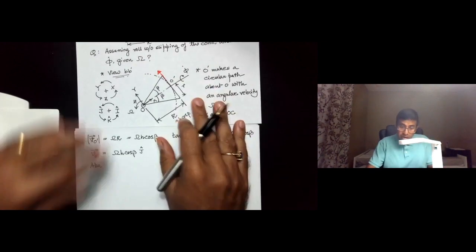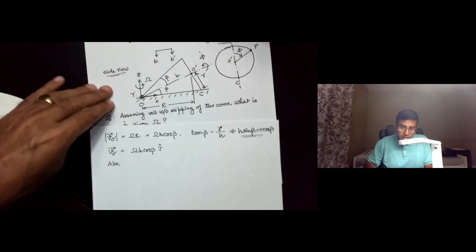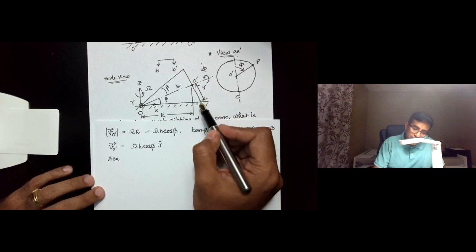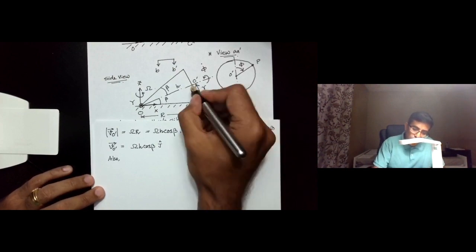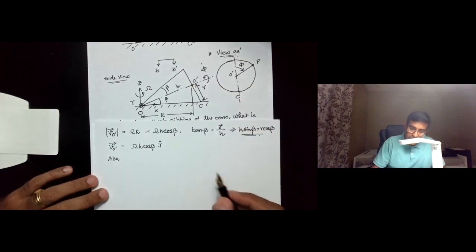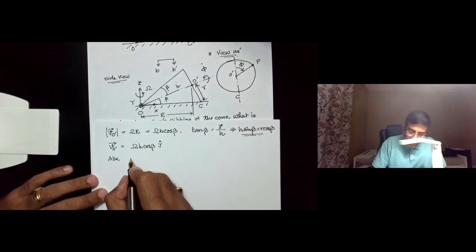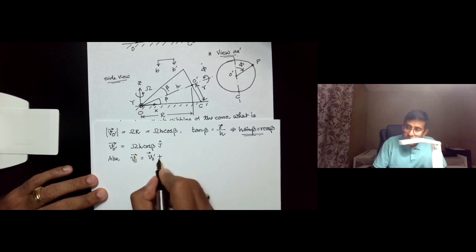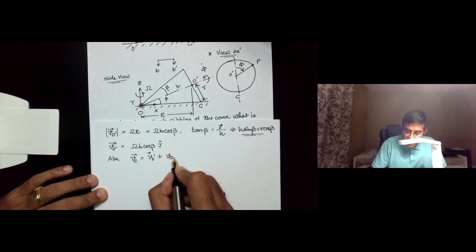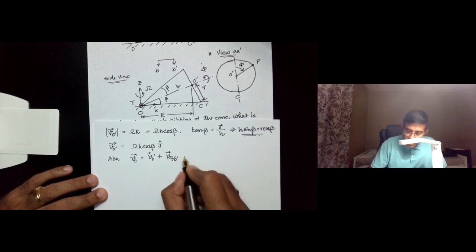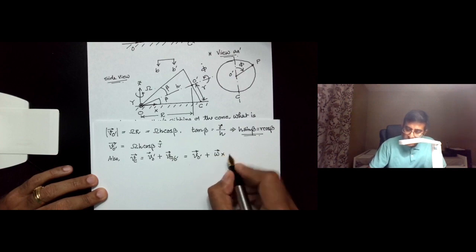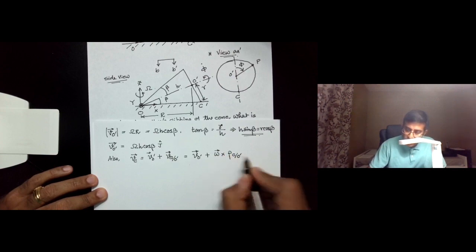Furthermore, going back to this figure here, since C is here and O prime is here, and C and O prime are on the same rigid body, we can then say that velocity of C is equal to velocity of O prime plus of course velocity of C with respect to O prime. And because C and O prime are on the same rigid body, the relative velocity is omega cross rho of C with respect to O prime.